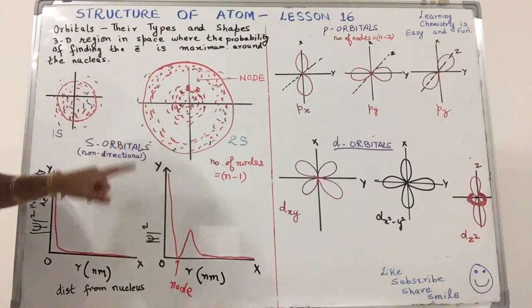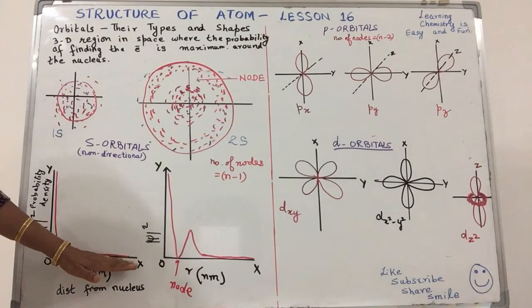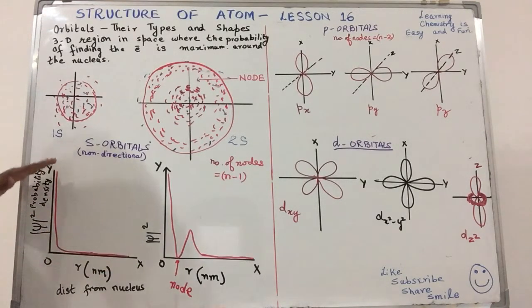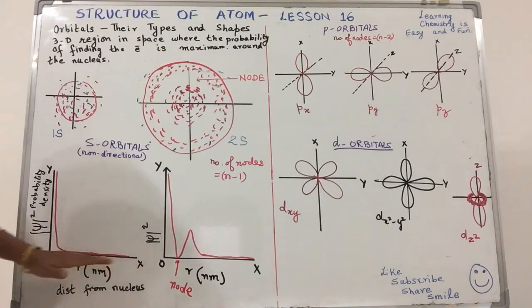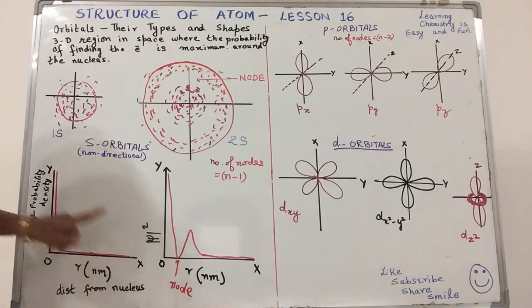This has been graphically represented over here. So here, if you remember, we had mentioned psi square. Psi square is the probability density, the three-dimensional region in space where the probability is the highest of finding the electron. So if I have psi square on the y-axis, I have the distance of the electron from the nucleus on the x-axis.